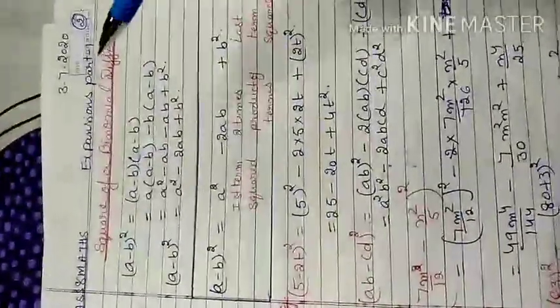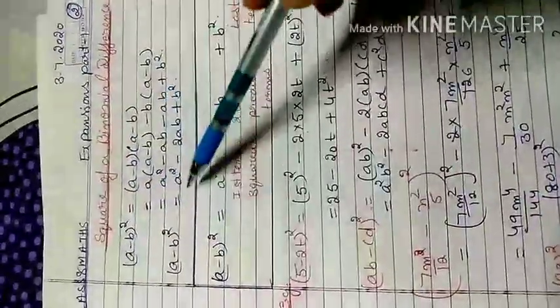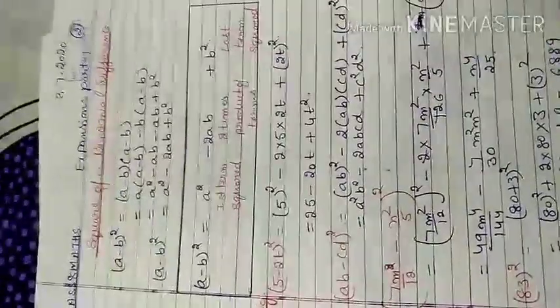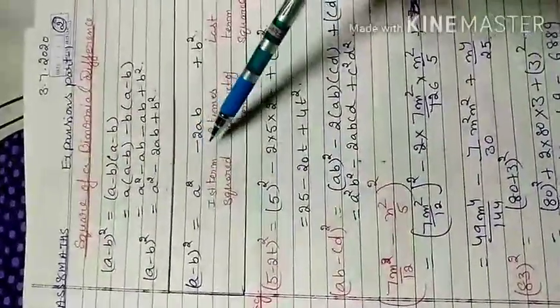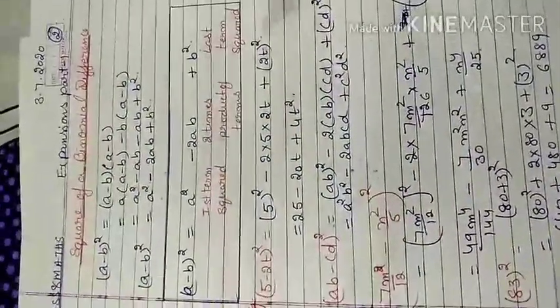Now square of the binomial difference. How will you go with the square of the binomial difference? (a minus b) whole square gives me a square minus 2ab plus b square when I apply the distributive law. So that means first term square minus 2 times product of the two terms plus last term square.